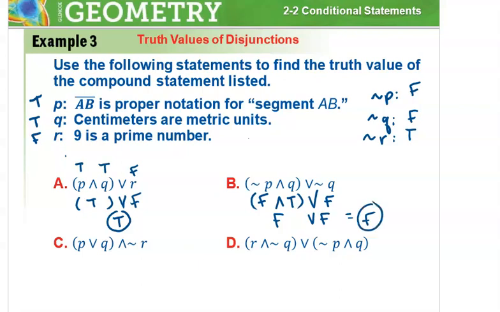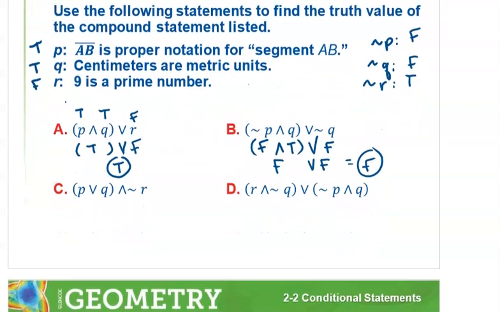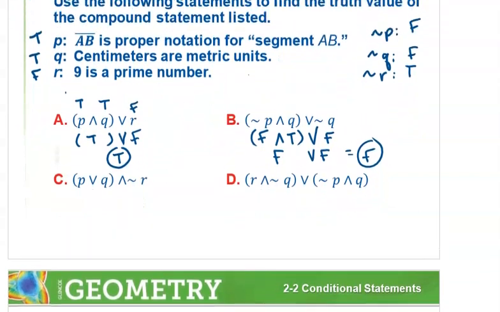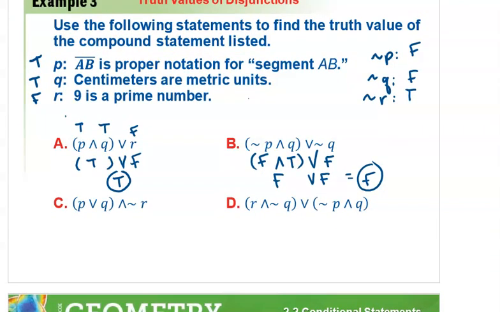So if they're both false, then the whole thing is false. Okay, P or Q is the next way we read this one. So P is true, or Q, which is true. So that would be true, because one or the other has to be true. And then I'm going to compare that with the opposite of R, which is true. So this one is true.